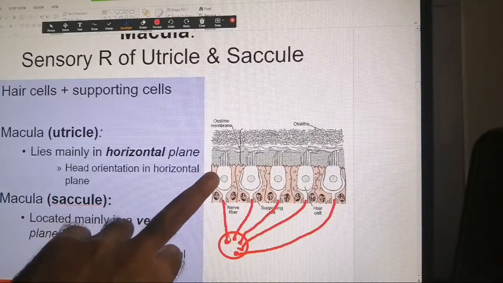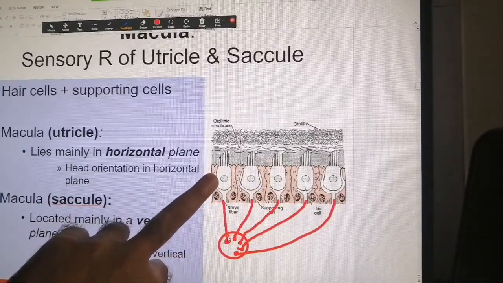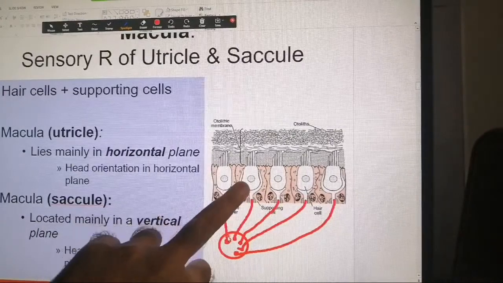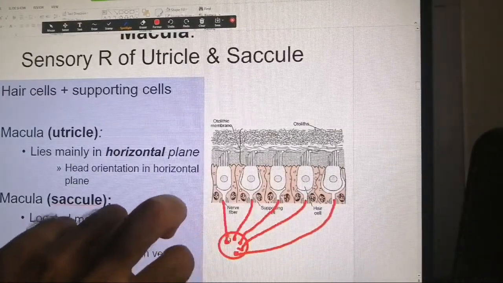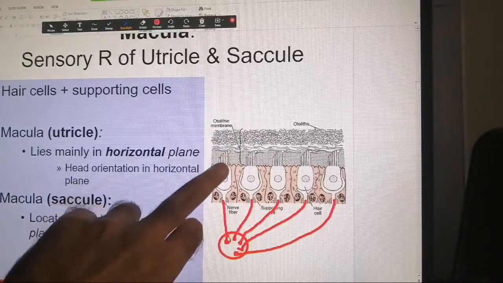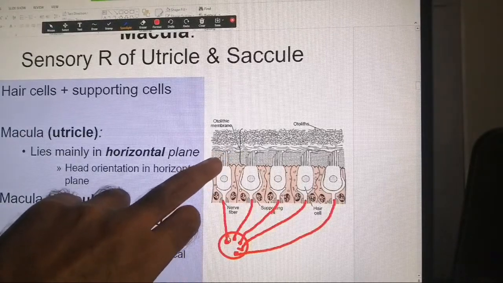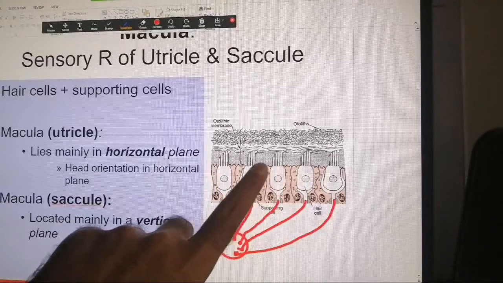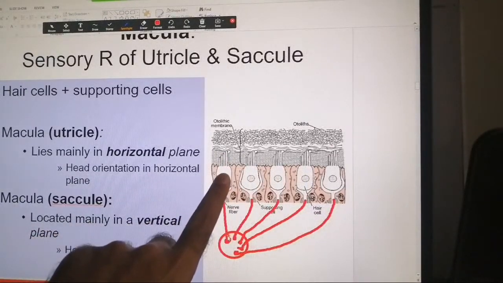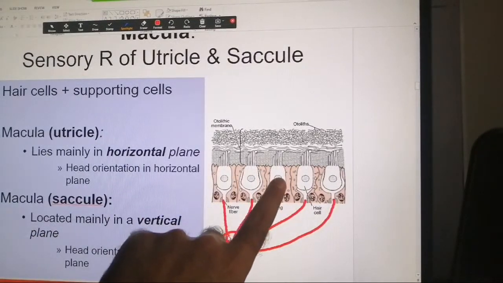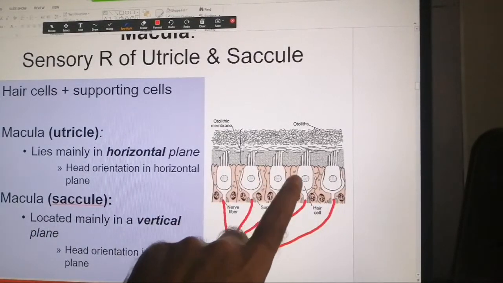Let me repeat. Let's take a scenario where hair cells A, B, and C have depolarized.